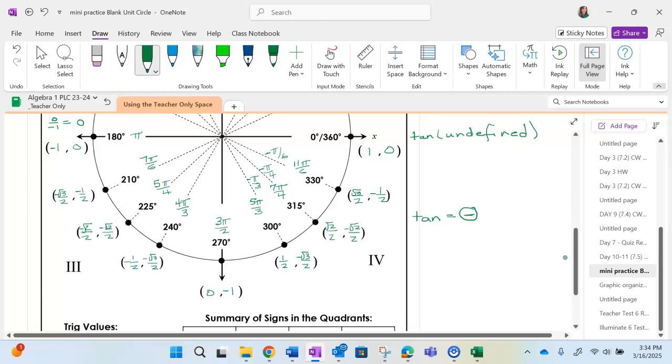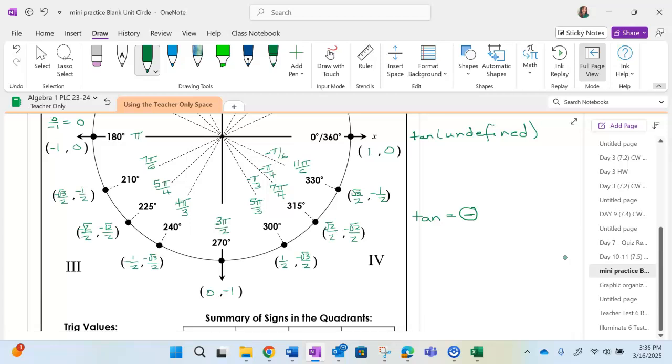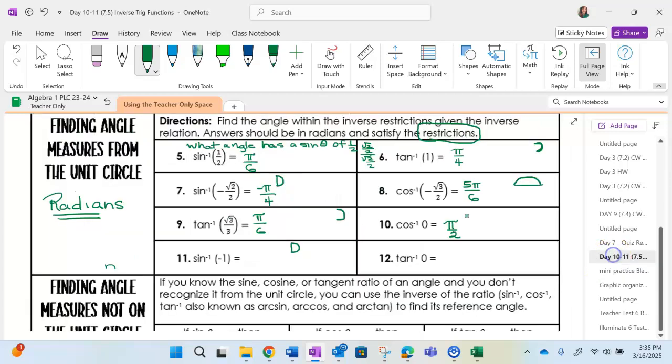Let's see, this is cosine, this is sine. Sine of -1 is negative pi over 2. It's not 3 pi over 2 in this case, it's negative pi over 2. And because this is included, it does count. So the answer to this one is negative pi over 2.